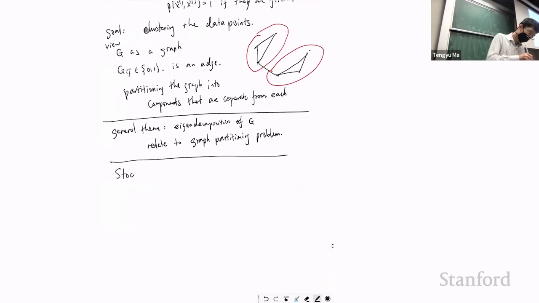So this is called the stochastic block model, abbreviated SBM. This is a very concrete setup where you can do math and instantiate what I mean clearly.